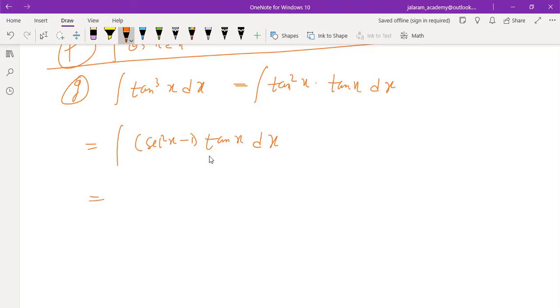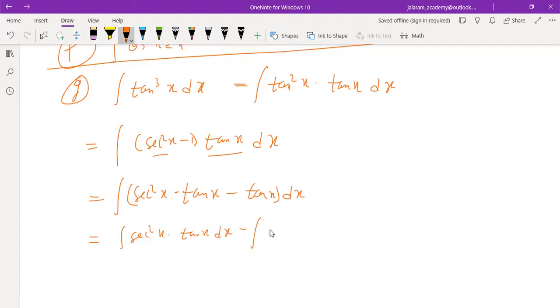Now we know that the differentiation of tan x is sec square x. So first we open the bracket: sec square x into tan x minus 1 into tan x dx. Now we know the integration of tan x; what is the integration of tan x? Think about this. The first term is sec square x tan x dx, minus the second term, the integration of tan x, which we can directly write as minus log cos x plus c.